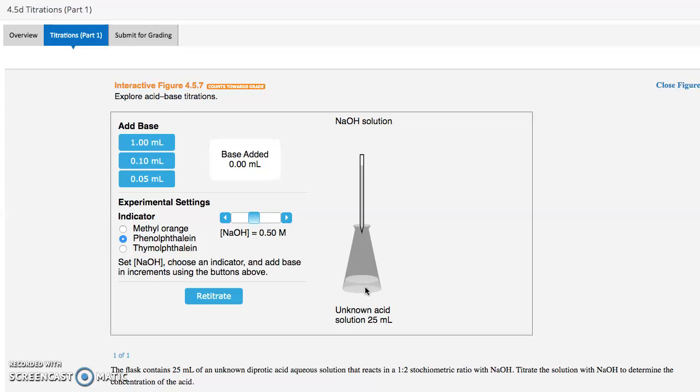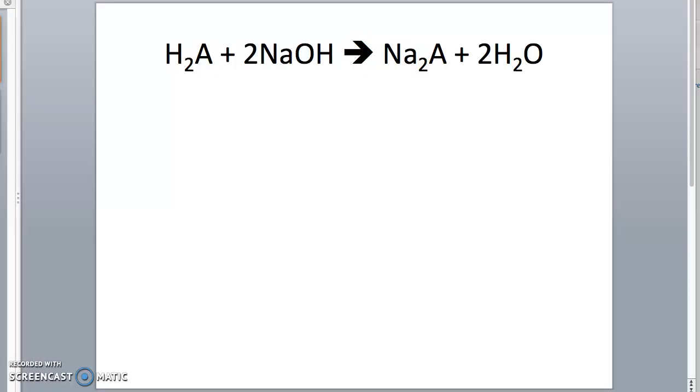And what we're doing is creating a chemical reaction. So whenever I'm going to study a reaction, I want to know what the reaction looks like. So I can write this out. The tricky part is I don't know what the acid is, but I can write this out with my diprotic acid as just H2A. So the A is just for acid. I've got two protons and an A for acid.